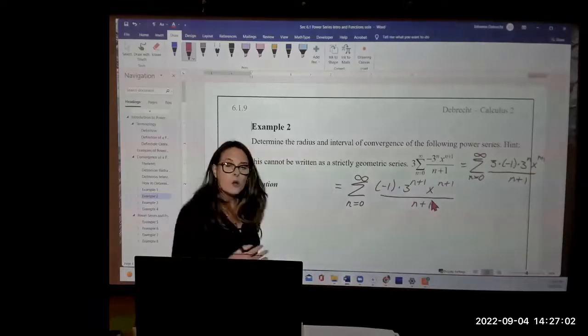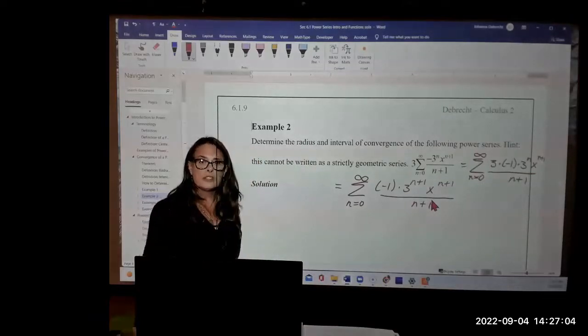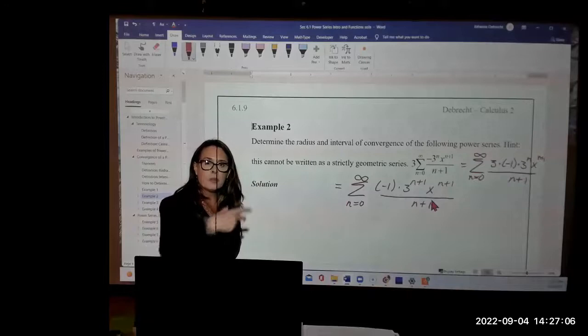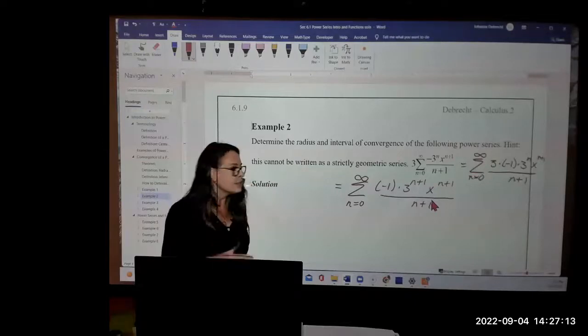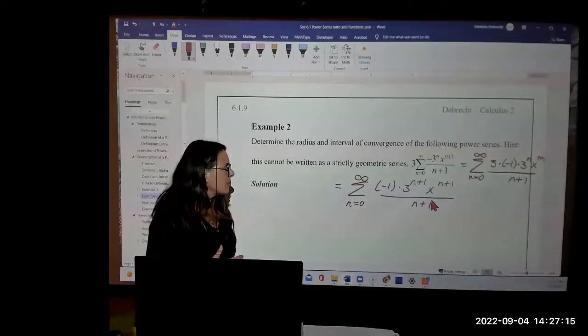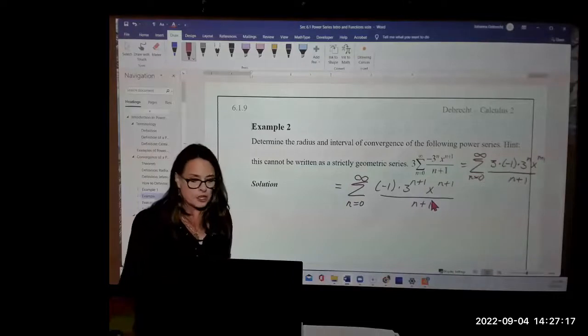And again, there's no way to get this written as just a single constant multiplied by some r that doesn't depend on n raised to an n or n plus 1 power. It's not possible. So it's not strictly geometric, so I'm going to apply the ratio test.